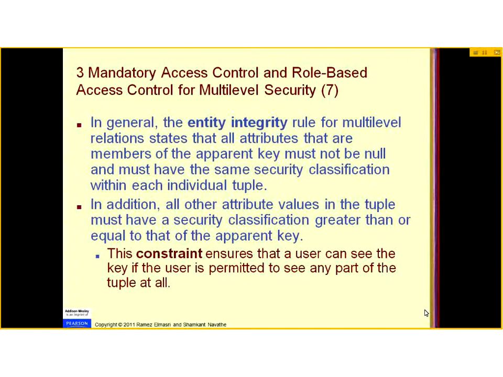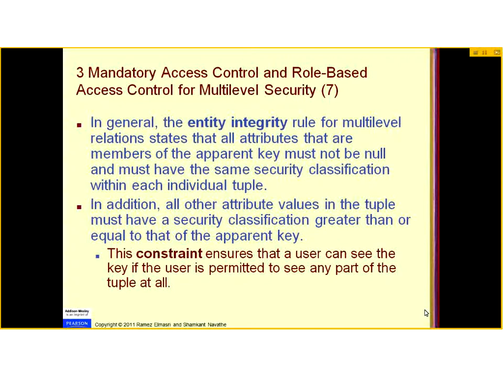In general, the entity integrity rule for multi-level relations states that all attributes that are members of the apparent key must not be null and must have the same security classification. So you can say that we are following the entity integrity rule if you are keeping the values of all the key attributes of a tuple at the same classification level.